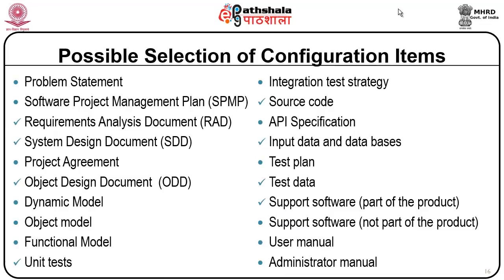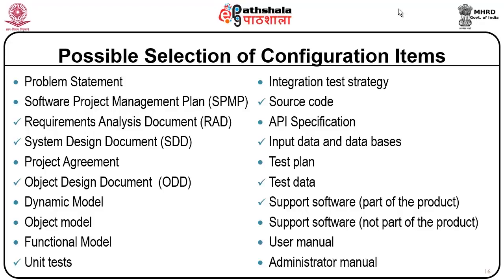Possible selection of configuration items: requirement analysis document, system design document. As I have mentioned, when there is a change in functional requirements, not always does your design need to be changed. Your module structure remains the same.